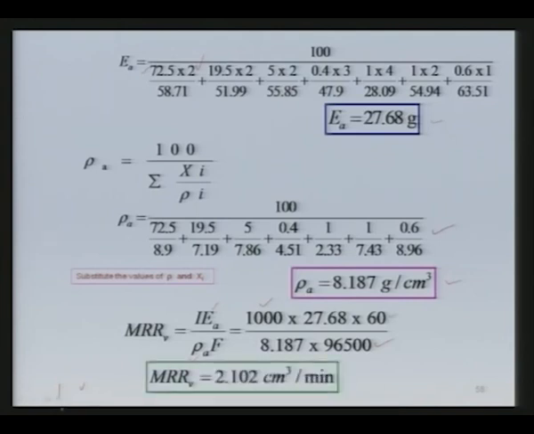You get the volumetric material removal rate as 2.102 cubic centimeter per minute. Now, if you want to find the material removal rate in terms of grams, then you can multiply this by the density of the alloy, and you will get the gram per minute as the mass material removal rate.